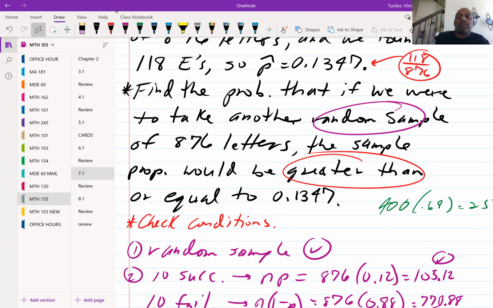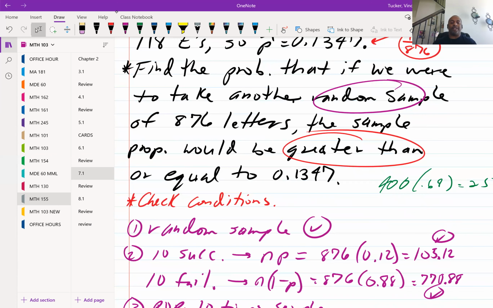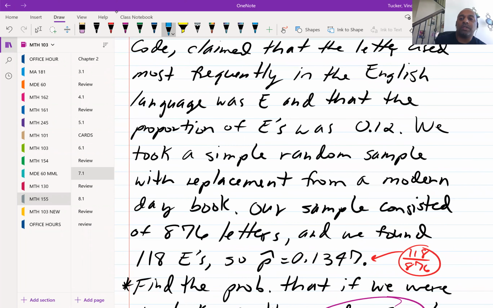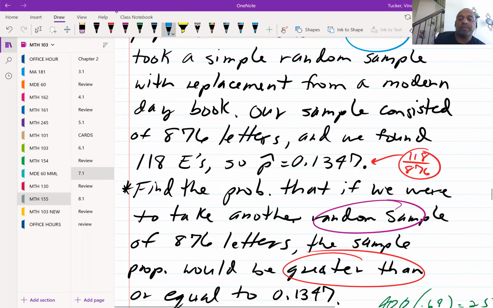So it's a random sample. You see it says that in the problem. Then we want to check to see if we get at least 10 successes and at least 10 failures. So we take our sample, which is 876, multiply it times the population proportion that they gave, which was 0.12.